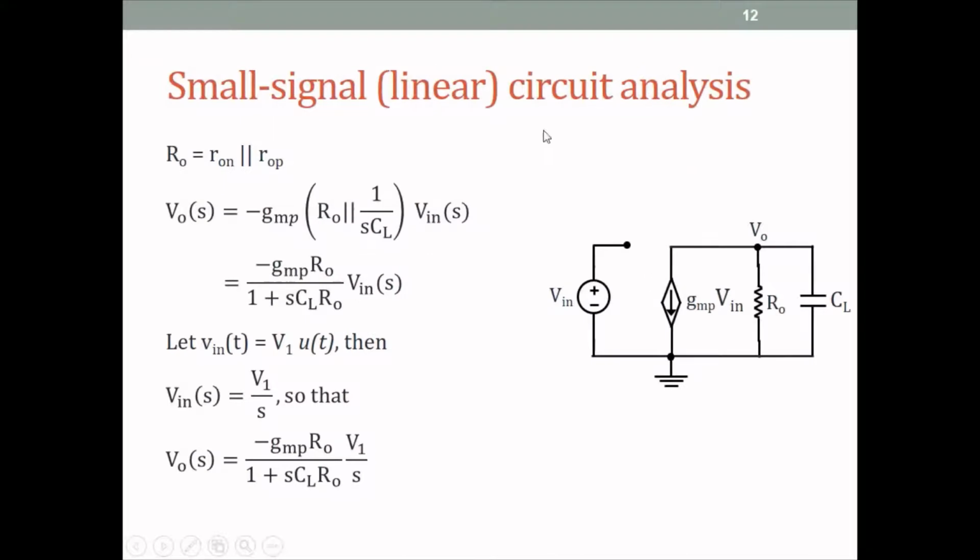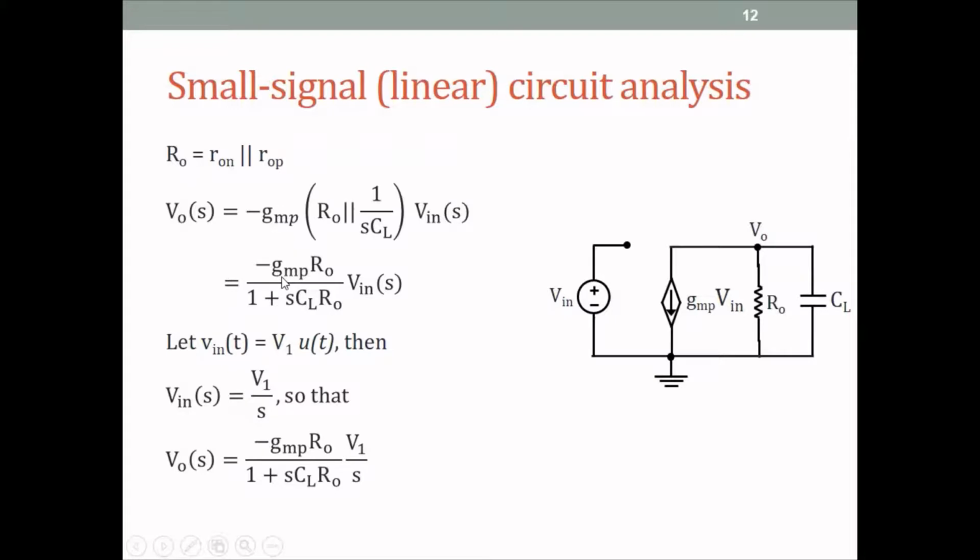Let us first do a quantitative analysis of the same circuit. If the input is small, we can draw the small signal equivalent circuit and solve it, assuming that everything stays linear. We draw this circuit, include the capacitor, and use Laplace, so we use 1 over SCL for the capacitor, and we derive the transfer function, which is this.